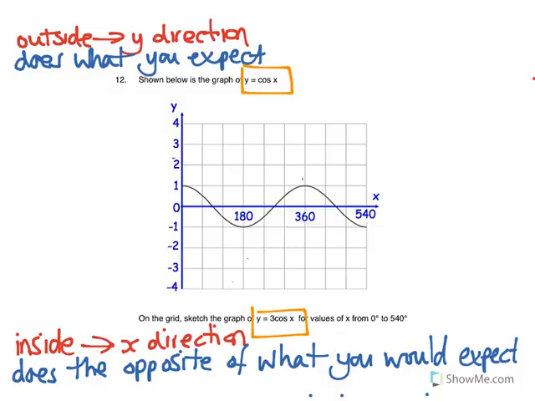Now, there isn't any brackets necessarily on this question, but where they should be is here, so it should be like that. And therefore, the value is on the outside of the brackets, so the transformation is going to be in the y direction.